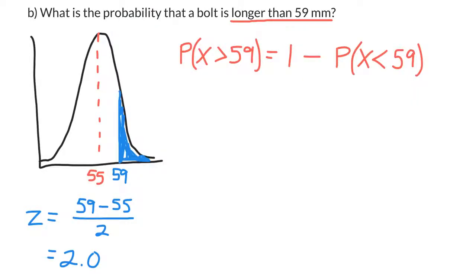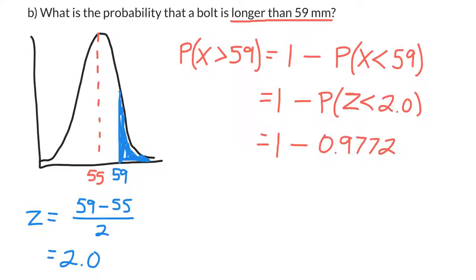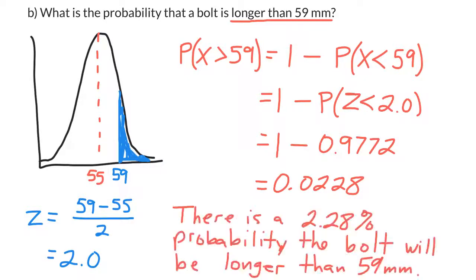So I can plug that into my probability for 1 minus the probability that z is less than 2, so it's 1 minus 0.9772, which is 0.0228. So that means there's a 2.28% probability that the bolt will be longer than 59 millimeters.